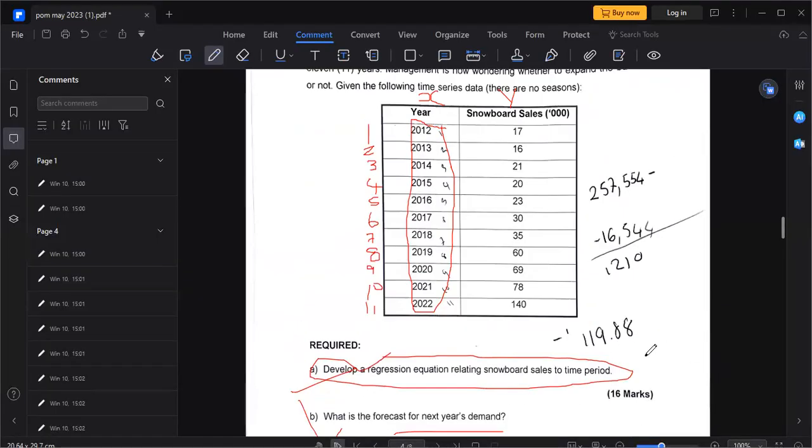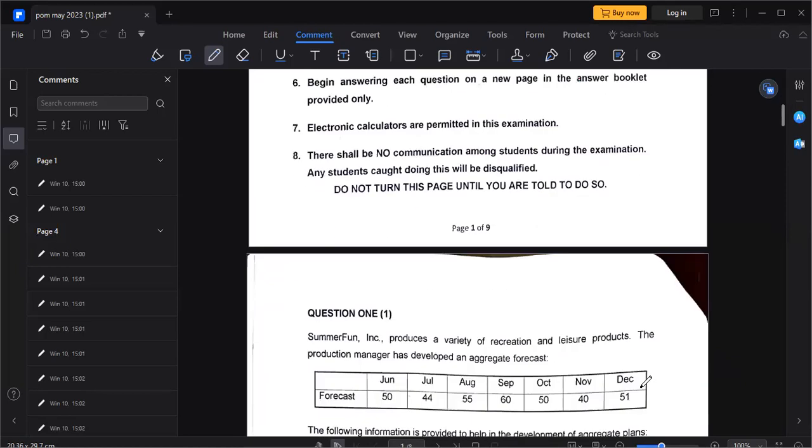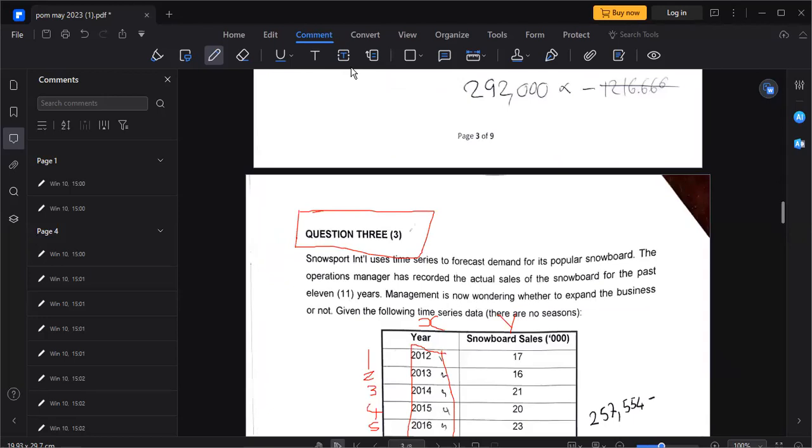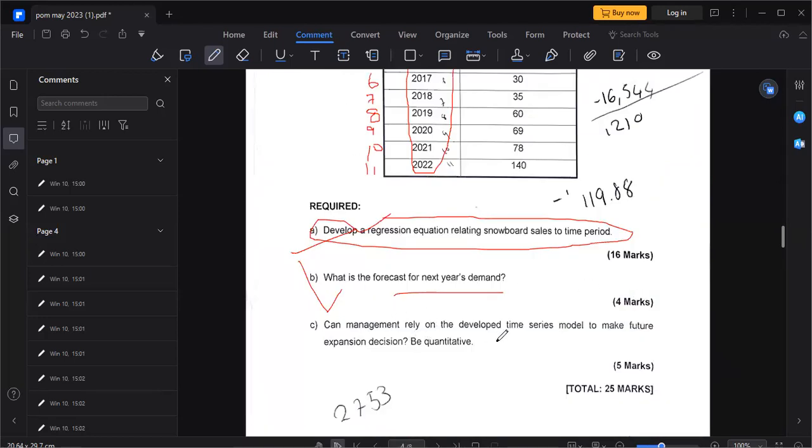For the 20 marks, this is the most recent exam that came in May 2023, the last semester. The question is: can management rely on the time series model for future expansion decisions, be quantitative?